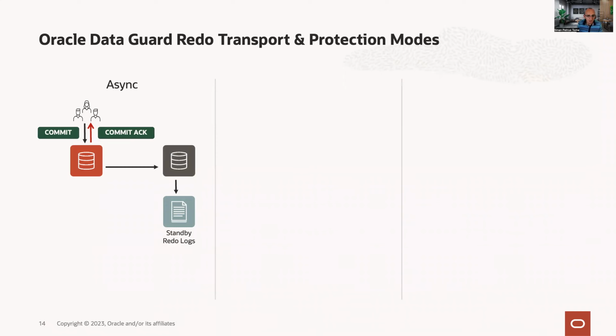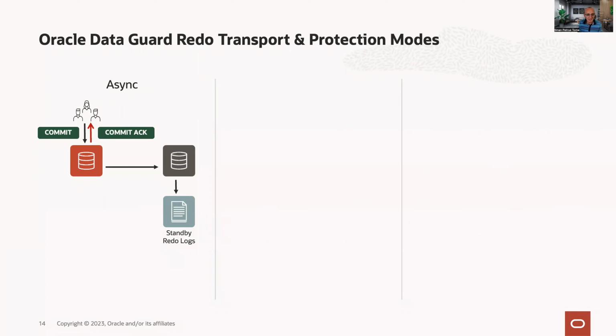So the redo transport modes. You can choose asynchronous replication, which means as soon as the application commits the transaction, the redo data are written to the primary online redo logs. The commit acknowledgement is getting back to the application.